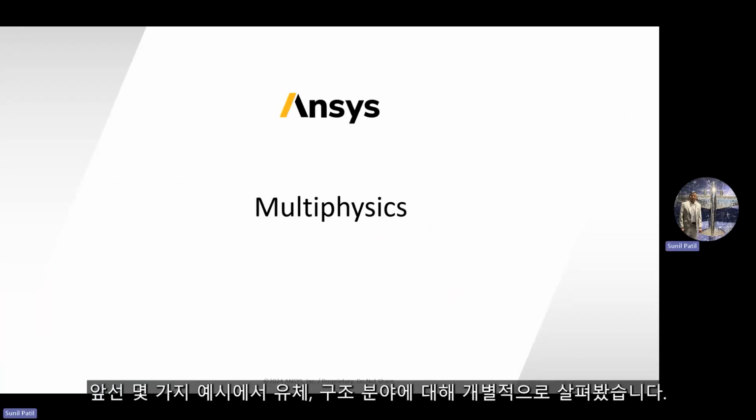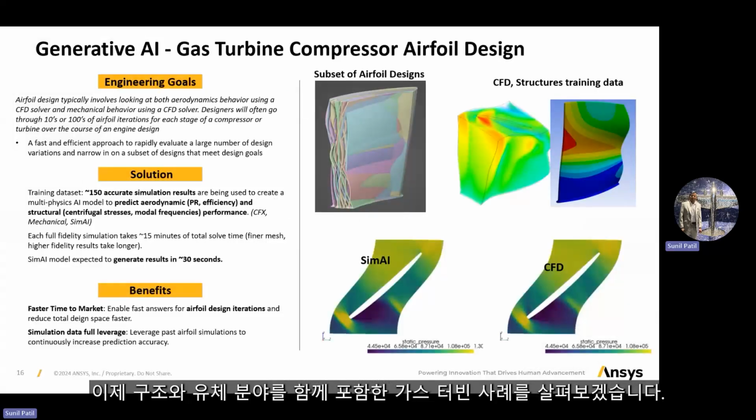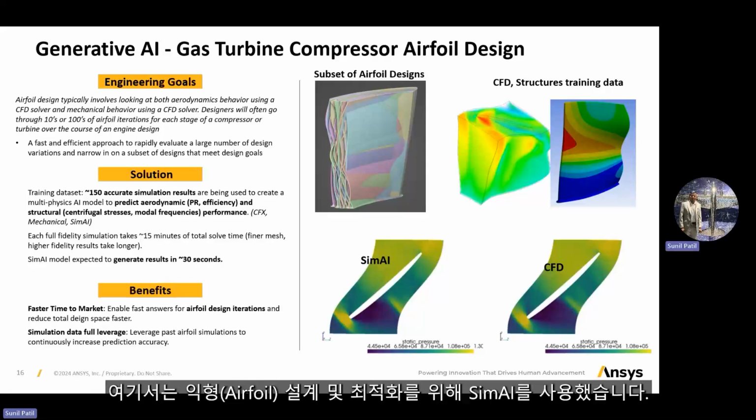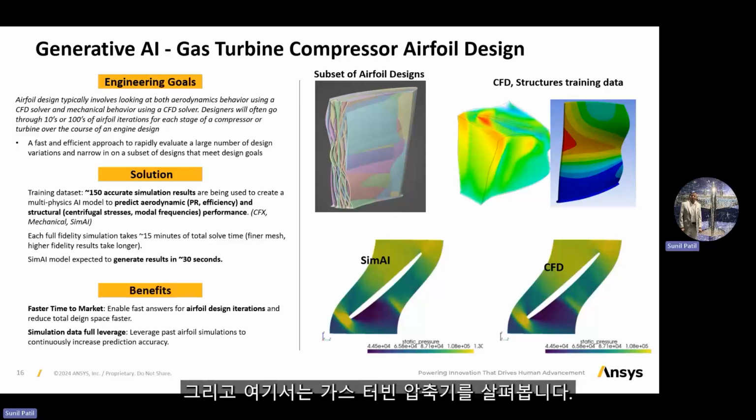The first couple of examples we looked at were individual physics: fluids, structures. Now we'll look at a gas turbine specific case, which includes structures as well as fluids physics. And here again, the use of SimAI for airfoil design and optimization. Here we started by looking at a gas turbine compressor.